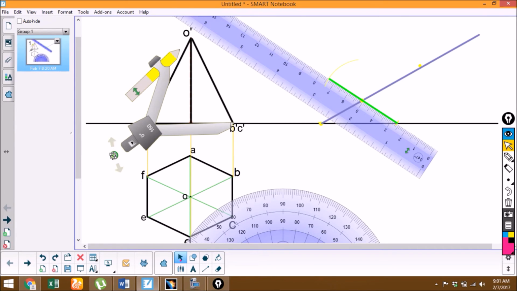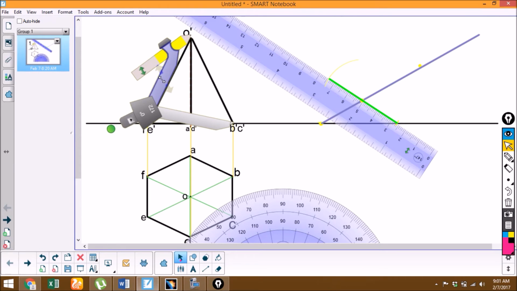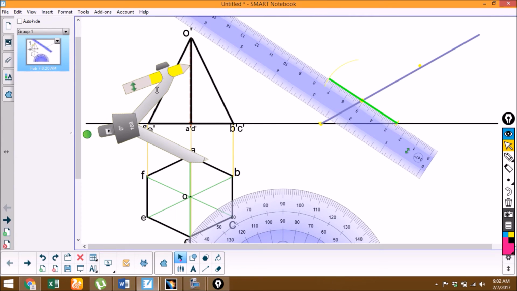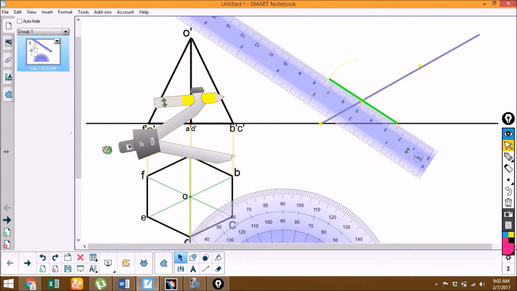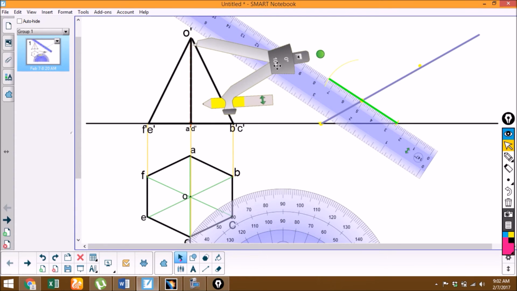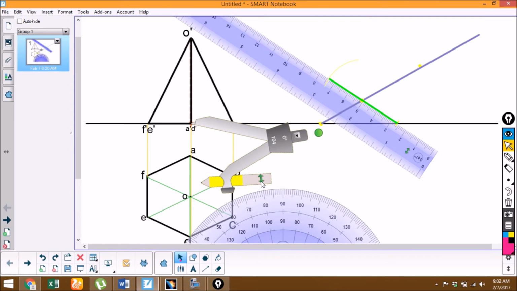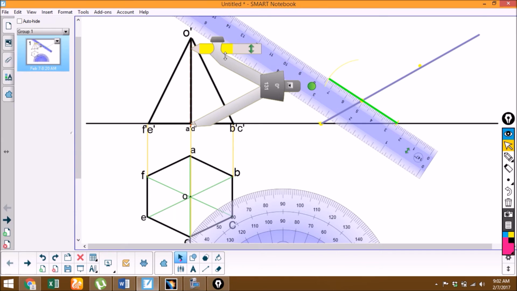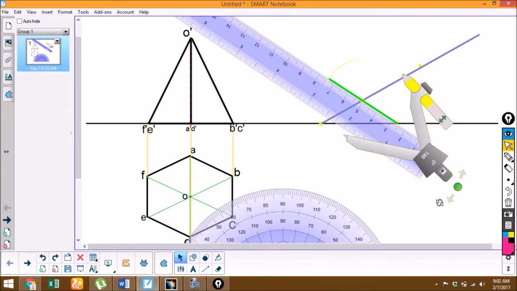Now we need to find O dash also. From this A dash D dash you can put directly whatever height they give for the axis, or else, taking A dash D dash as center and O dash to A dash D dash as radius, draw one arc.